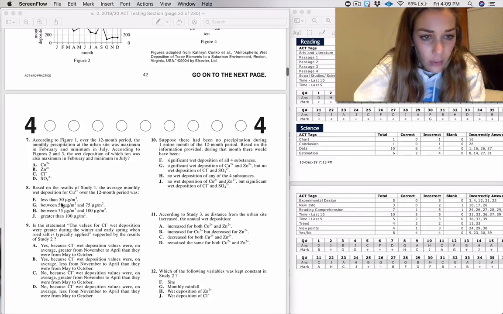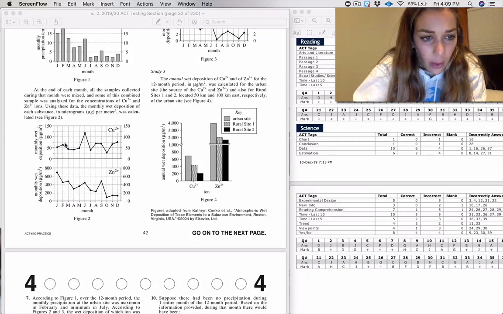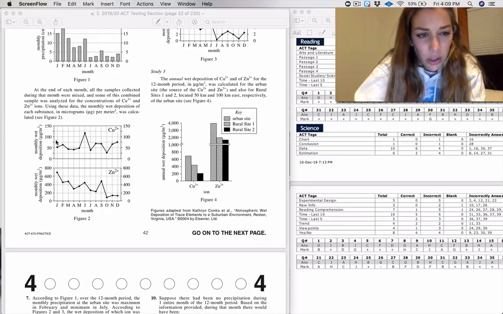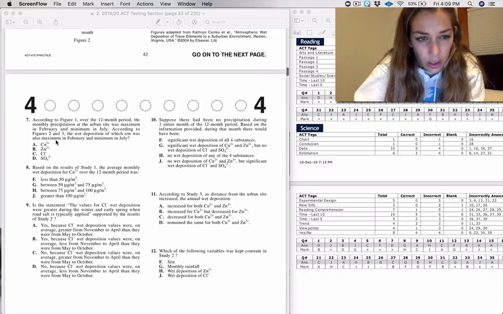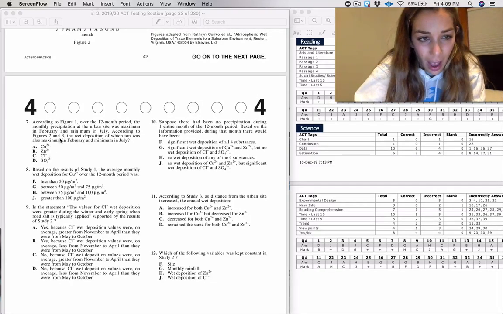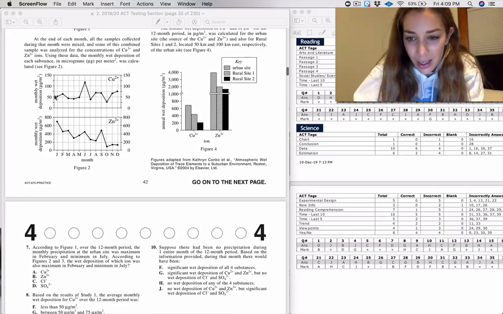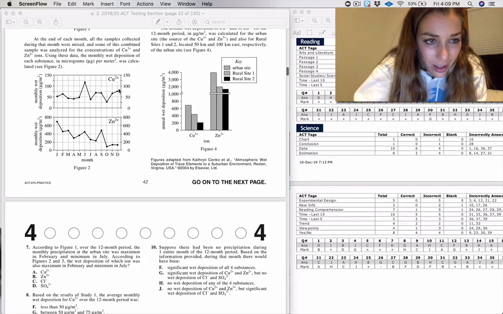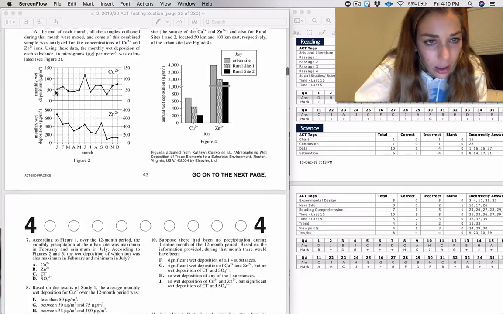I see that over here for Cu2+. Great, I'm looking over here. And they want to know the average monthly. So if I were to kind of average this out, right, where do I see this averaging out? I see it averaging out somewhere over here, right?